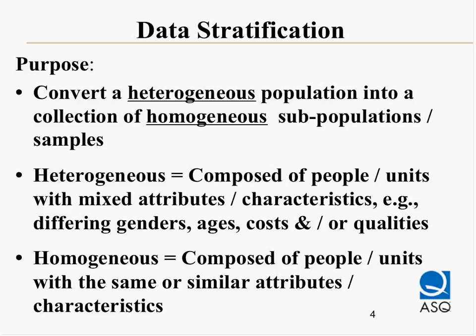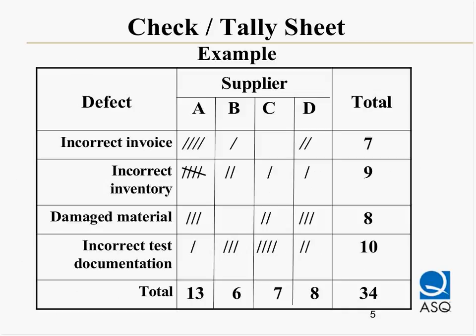Heterogeneous describes groups composed of people or units with differing attributes or characteristics, for example, genders, ages, costs, and qualities, as opposed to homogeneous, which is composed of people or units with similar attributes or characteristics. Part of data, of course, includes check or test.